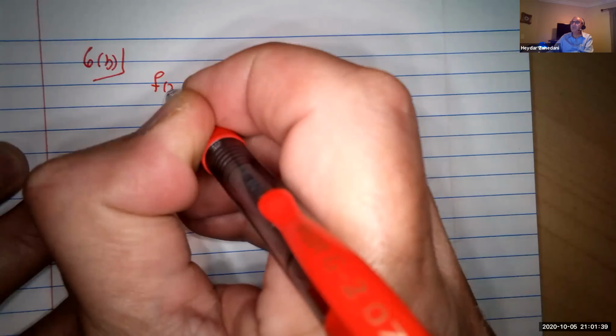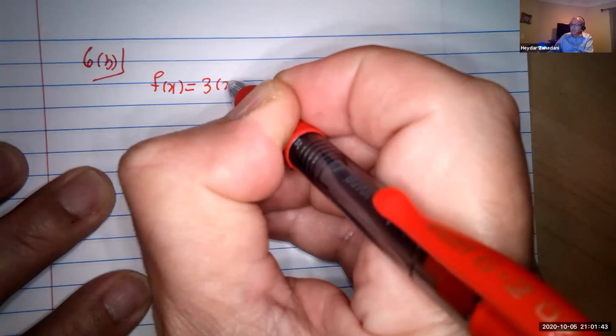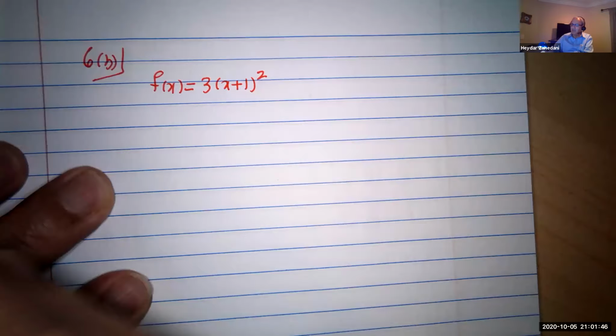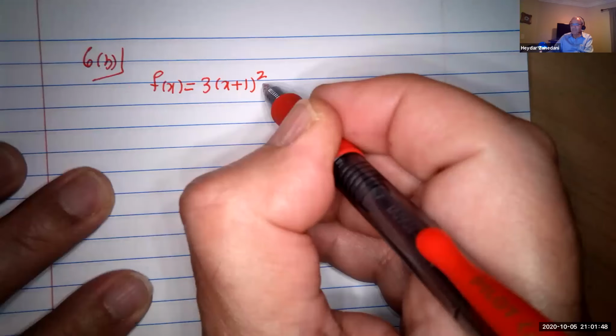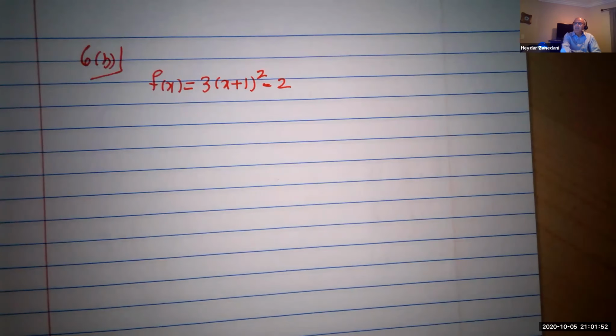The function is f of x is equal to 3 times x plus 1 squared, minus 2. That's the other format. So just stay with whatever you have. Some people try to simplify it. You don't need to simplify. Okay, so we get this one right away.